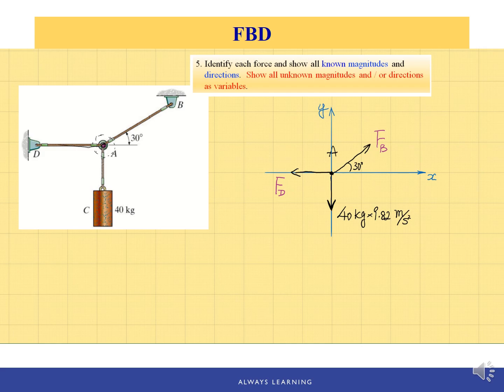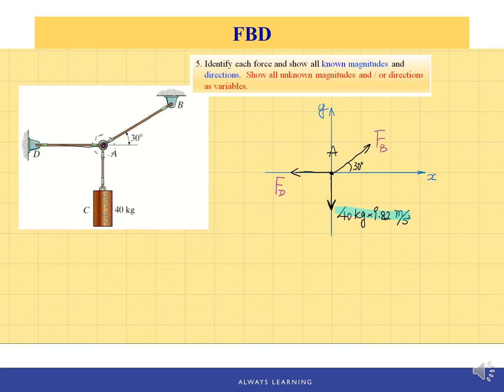Step 5, identify each force and show all known magnitudes and directions. Show all the unknown magnitudes or directions as variables. Actually, we already did this while doing step 4 to show all the external forces. So here, 40 times 9.82 is the known magnitude and direction. That's one given force.